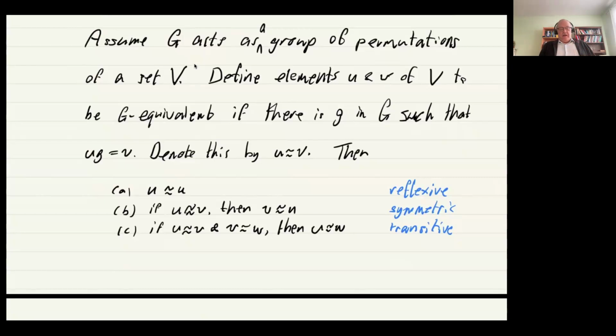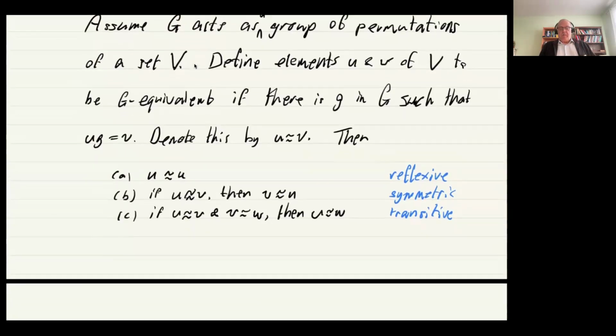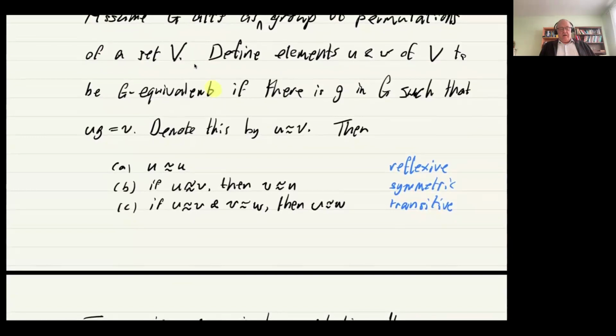So we're going to say 2 elements of the underlying set are G-equivalent if there's an element little g in big G that sends U to V. If you can move U to V using an element little g of G, then we'll say those 2 elements are G-equivalent, where G is the group.